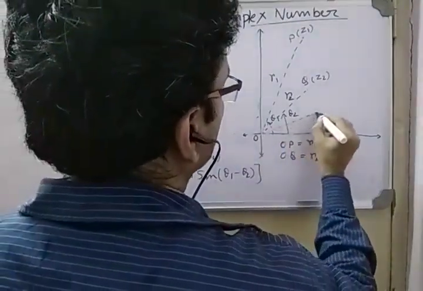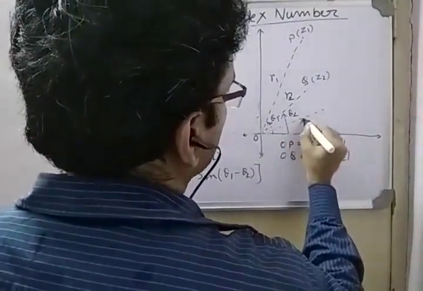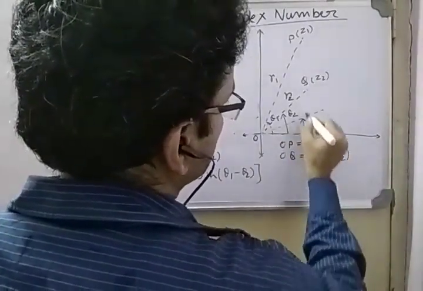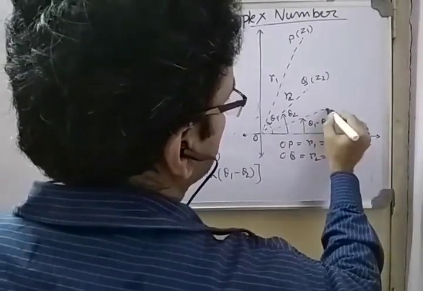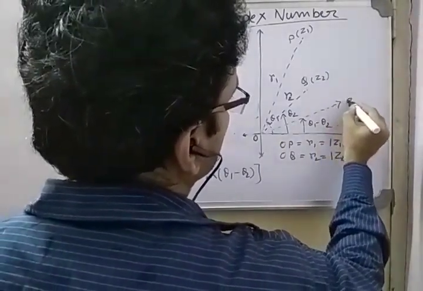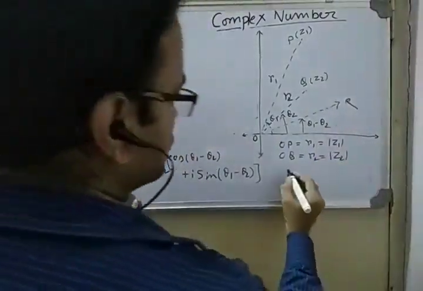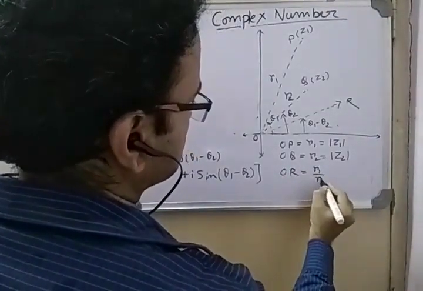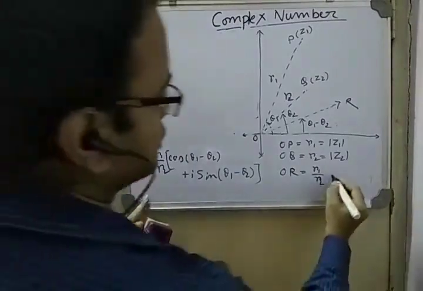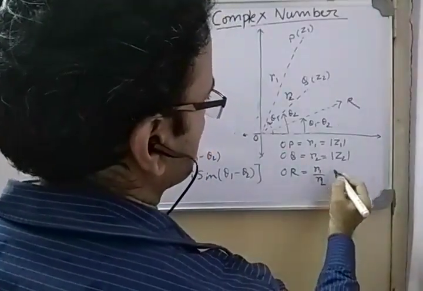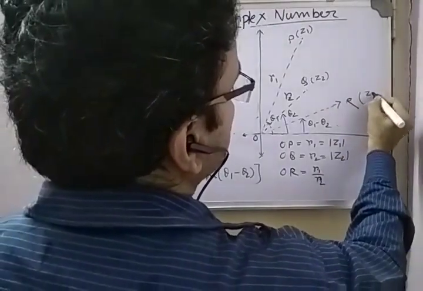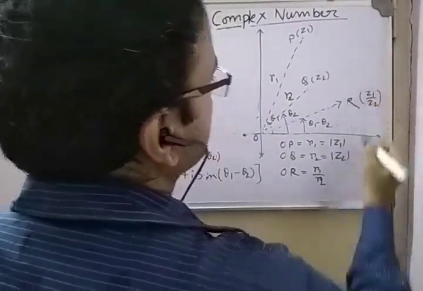So definitely the angle will be theta 1 minus theta 2, somewhere between these two positions. So I have taken R here, and the OR magnitude will be R1 by R2, that we get from here. But R is actually in complex number form.